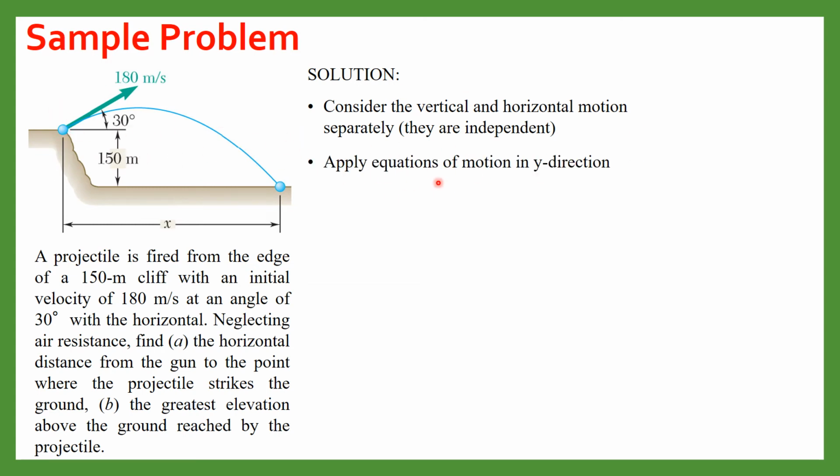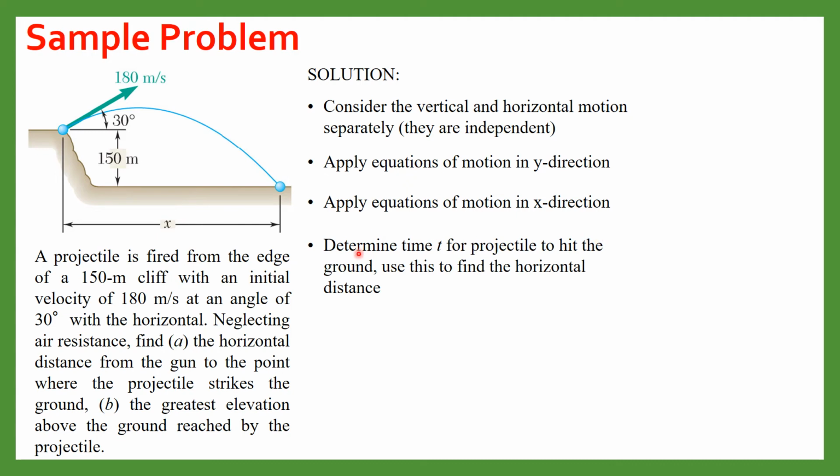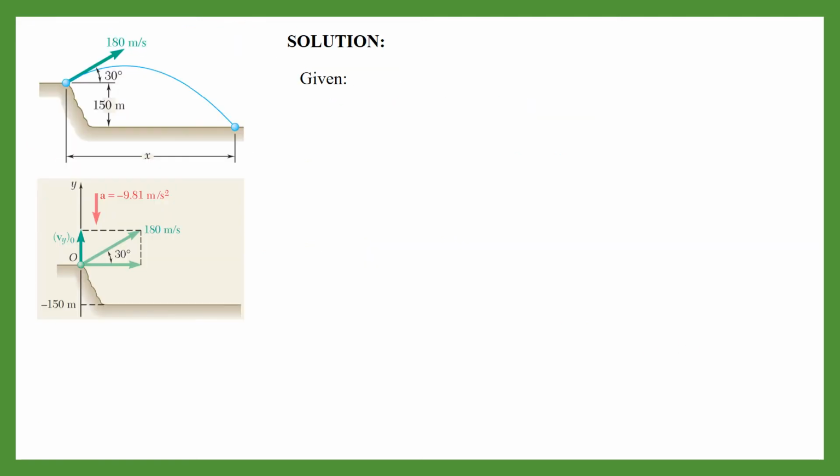Then apply the equations of motion in the y direction and in the x direction, and determine the time for the projectile to hit the ground, and for this you can use the horizontal distance. Maximum elevation occurs when the velocity in the y direction is 0, so you can use this point.